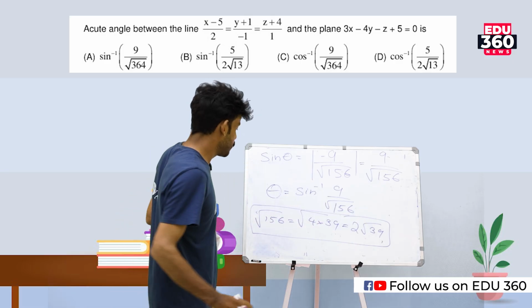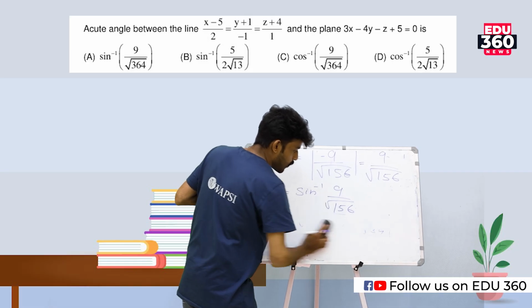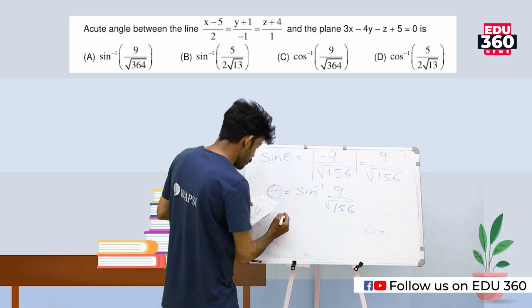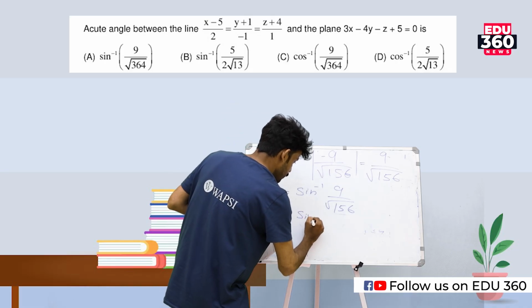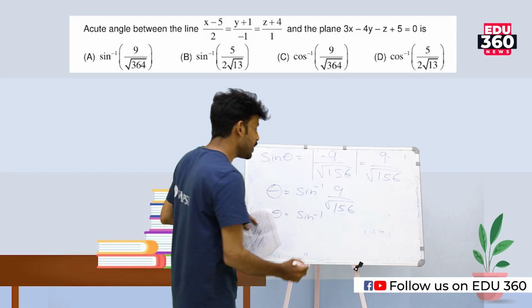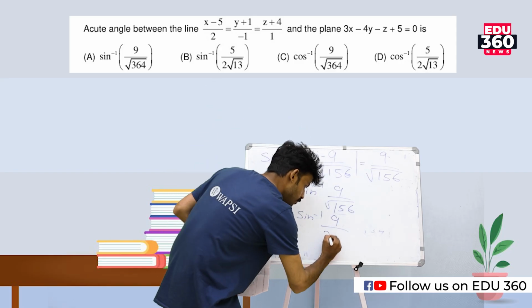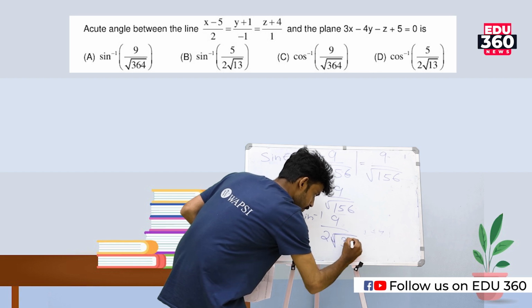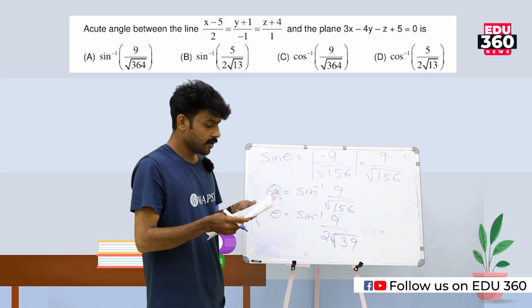So theta is equal to sine inverse 9 by 2 root 39.